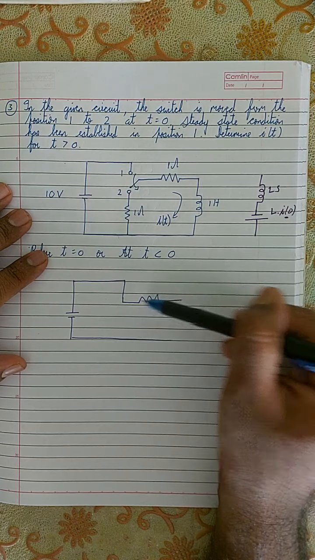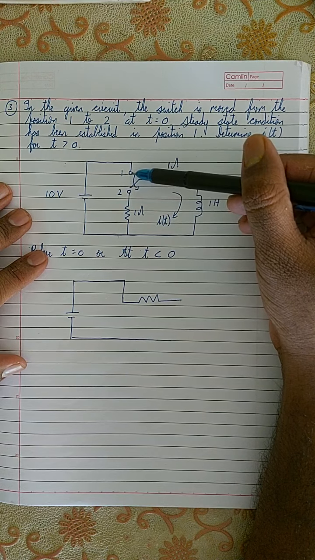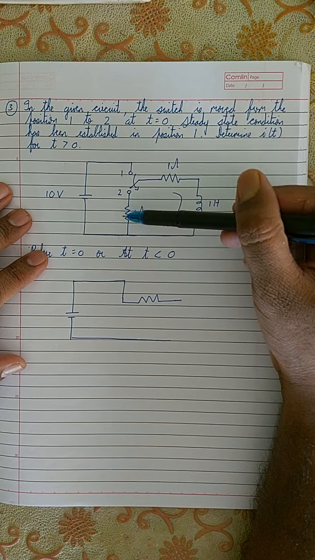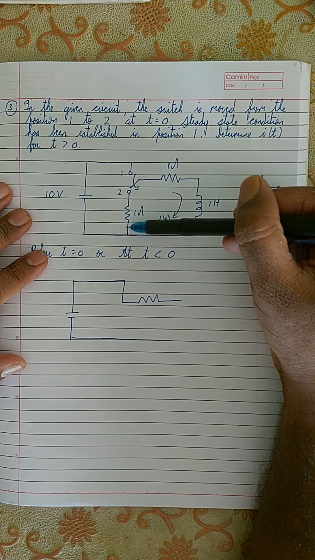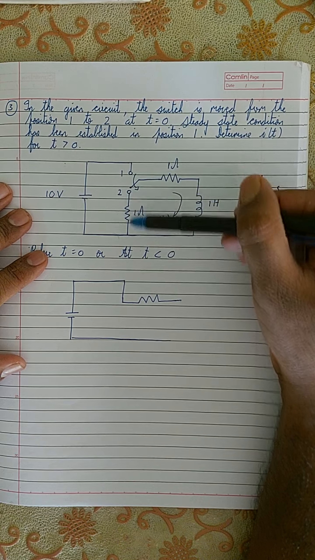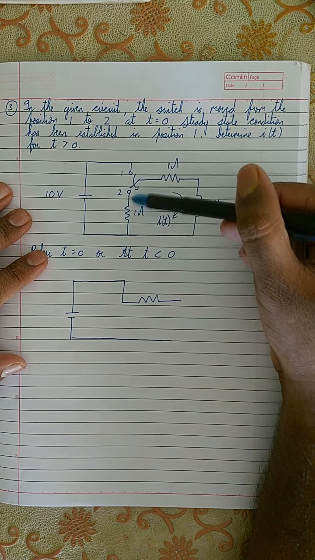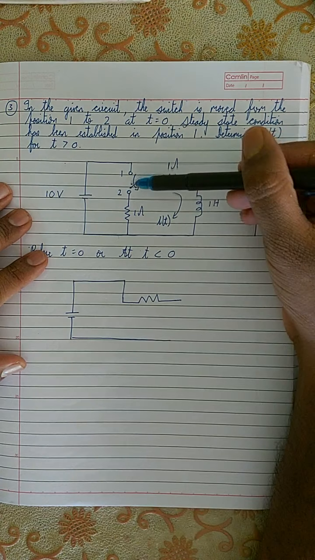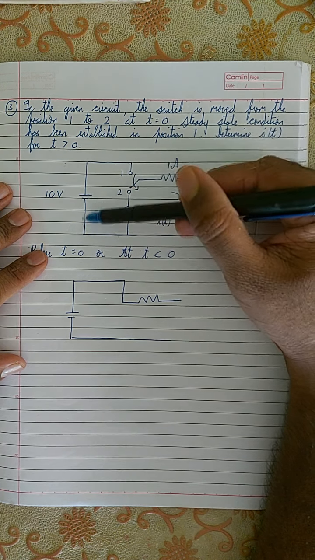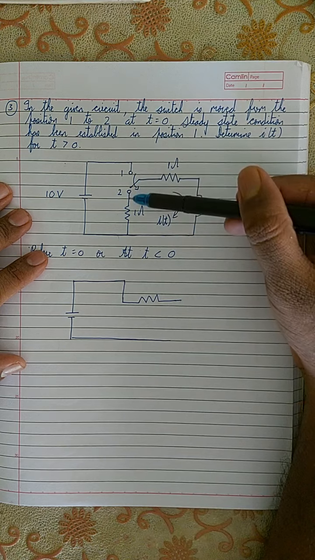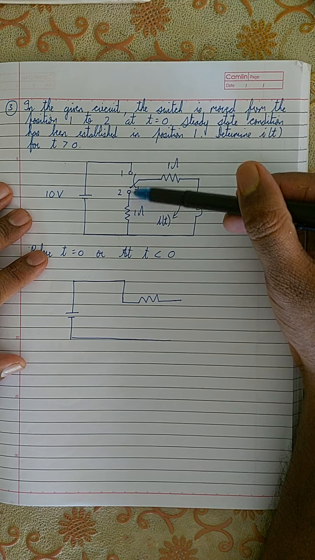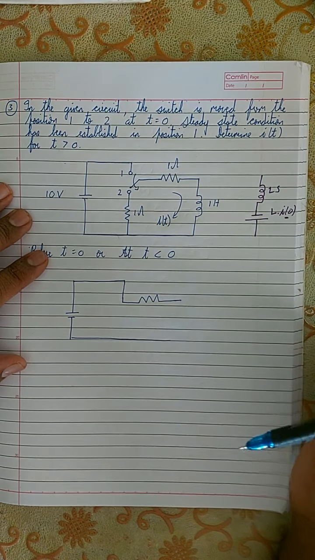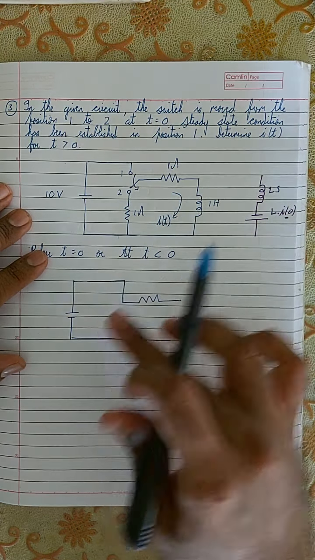I have drawn the circuit in such a way that the switch is at position 1. So where is this resistor? This resistor is missing. Why? Because this part of the circuit is open. No current will flow through it. That is why this resistor is removed from the circuit, because the switch is at position 1. So current will flow in this direction. This resistor is connected to nothing, that is why it is open. So I have not drawn it, and the remaining circuit will be like this.